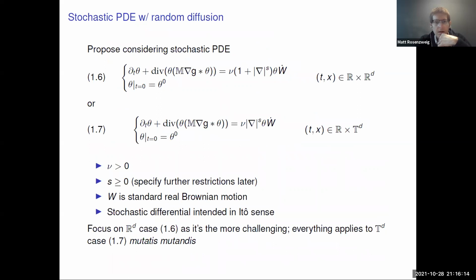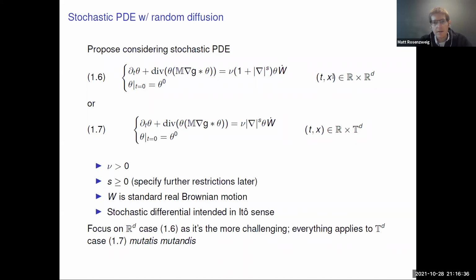So, now let's come to the noise part. So we propose in this talk considering the following stochastic PDE. I have my deterministic equation as before over here. And on the right-hand side, I'm going to add this diffusion term, where I'm modulating it by white noise.